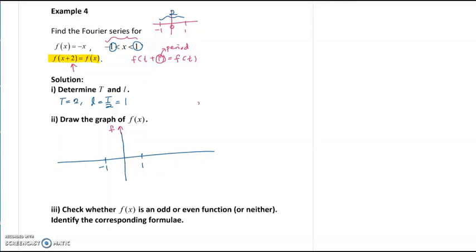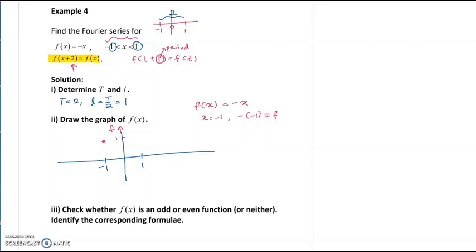If x equals -1, then your f(x) is going to be -(-1), which is 1. So when x is -1, the f is 1. So somewhere here is 1, and this is the point that we should have.